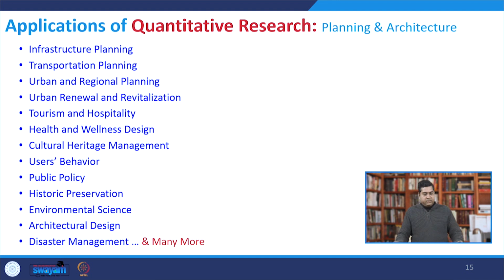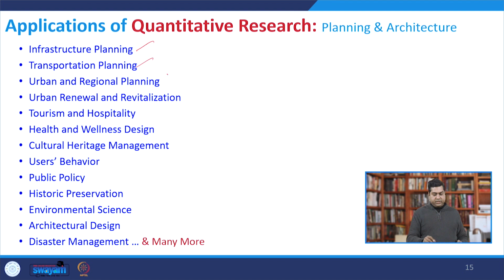Now coming towards almost the end of this presentation, the application of quantitative research in the planning and architectural domain. You can apply it anywhere. I have limited it to a few that we discussed in the past and will also be discussing through the case studies.